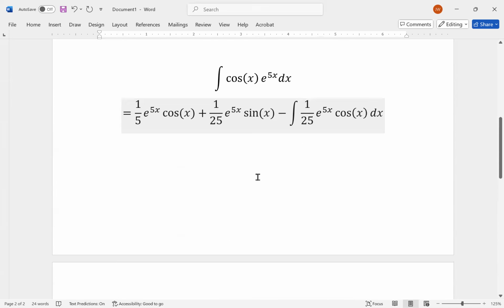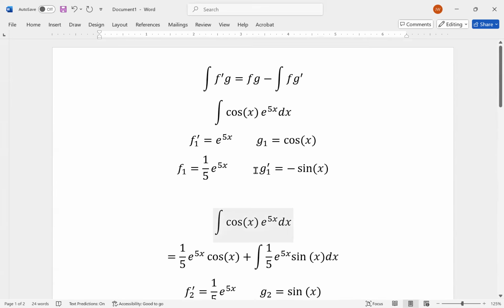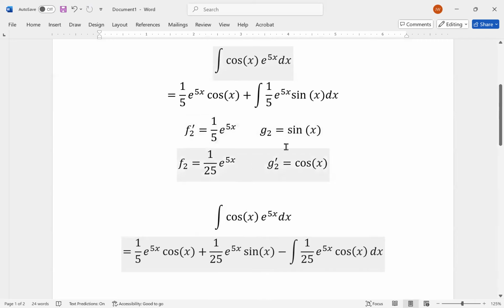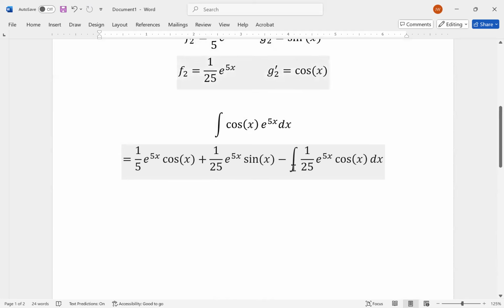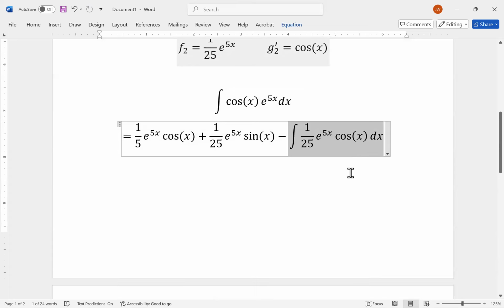In any case, the main goal is to see that when we have a trig function and an exponential function, we can do integration by parts once, then do integration by parts on this integral. So a second integration by parts, and then the integration that I was trying to find will show up again in this integral. And so we can algebraically manipulate that to find our answer.